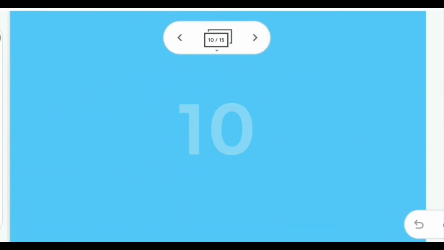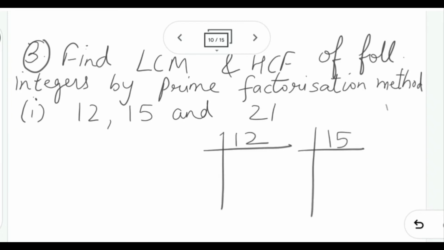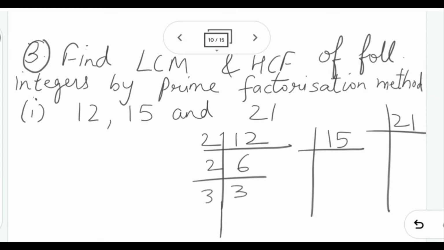Now let's take another example. Here we are having three numbers whose LCM and HCF we have to find. So first of all we will find prime factors of these three numbers, 12, 15 and 21. We know 12 comes on 2's table, so we can start with 2 and its prime factors will be 2, 2, 3.